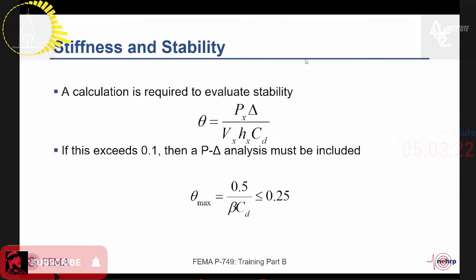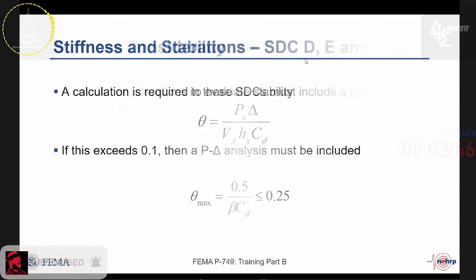If the theta coefficient is less than 0.1, then a structure is deemed to be stable. If it's greater than 0.25, the structure is deemed to be unstable and must be redesigned. And if theta has a value between 0.1 and 0.25, then you can do explicit P delta analysis to determine whether the structure remains stable.